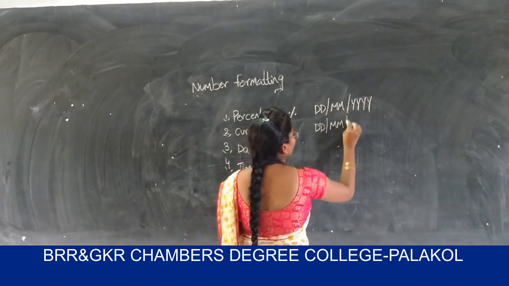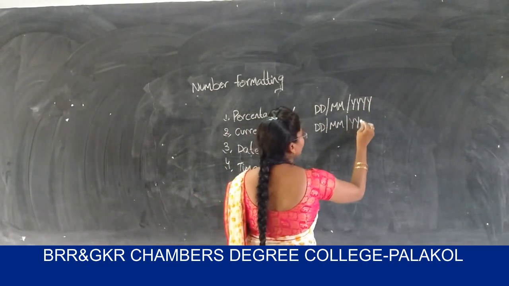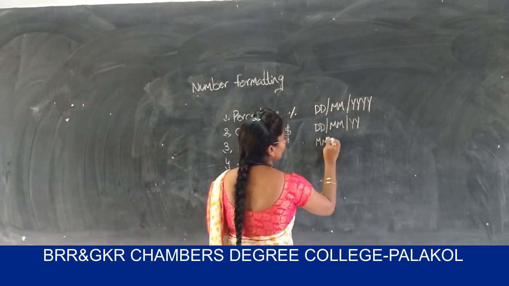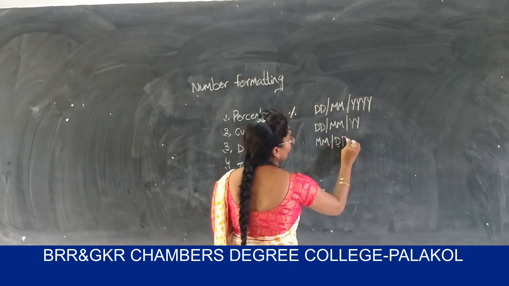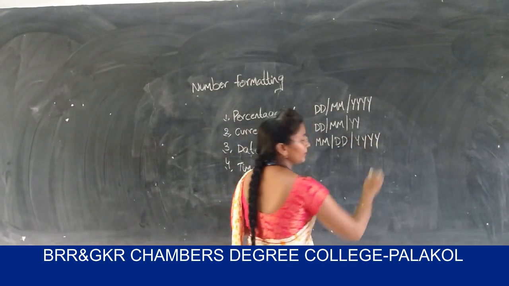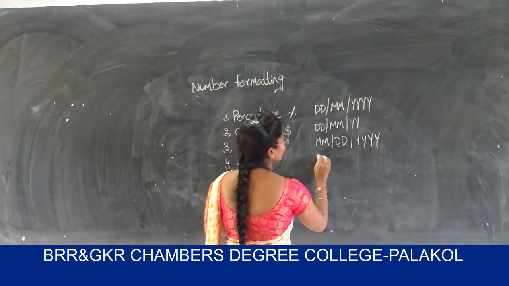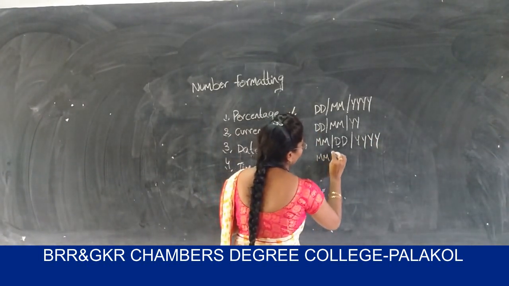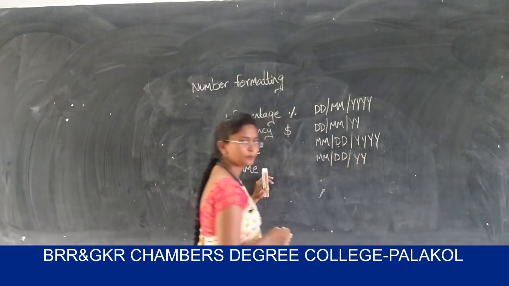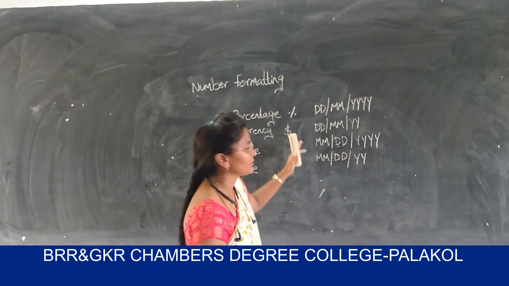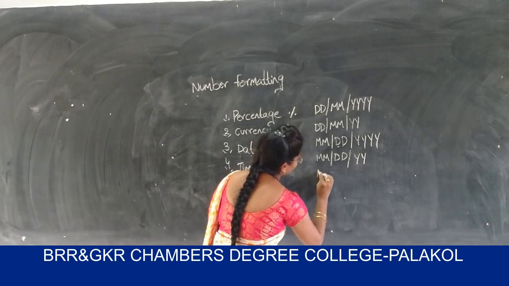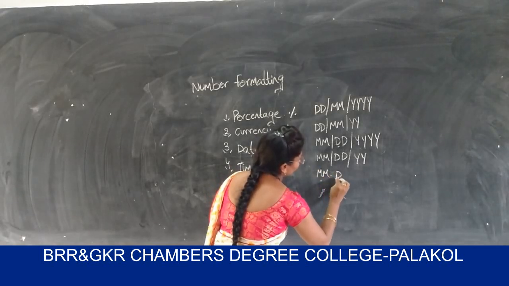Date, month and year is another. The next way is month, date and year. And the fourth process is month, date and year. These are the formats you can take. Here I am taking the slash. Instead of the slash you can also use a hyphen.